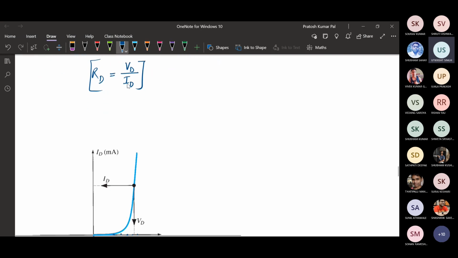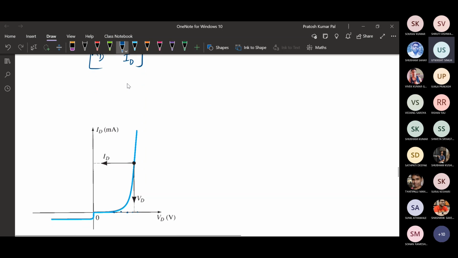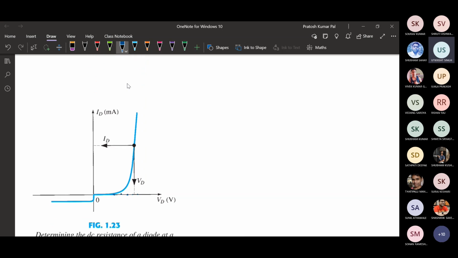Okay, so here the DC resistance at knee voltage and below will be greater than the resistance level defined for the vertical region. Suppose this is the knee voltage or cut-in voltage.